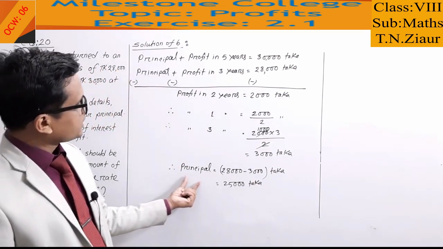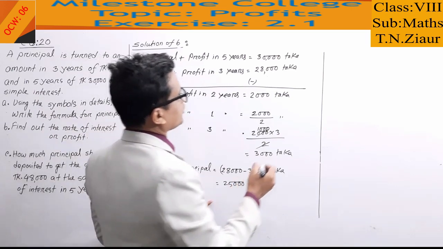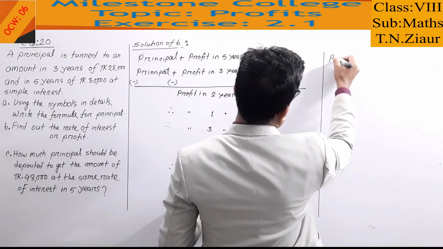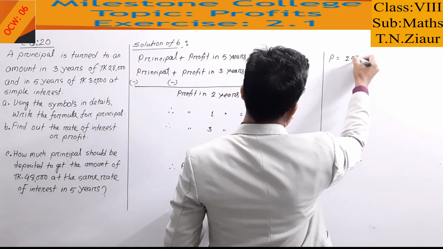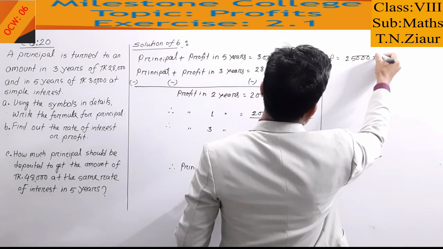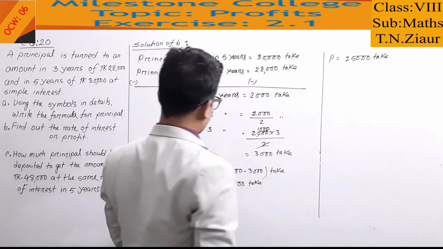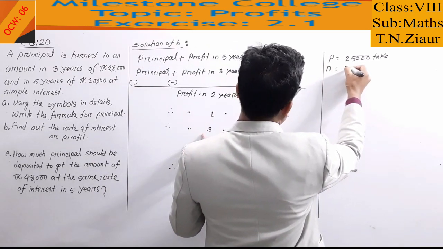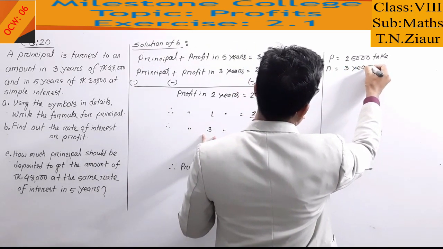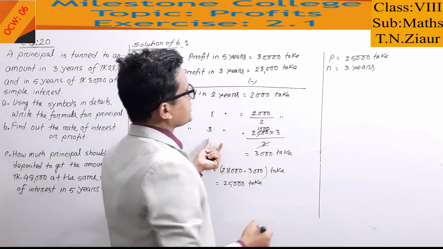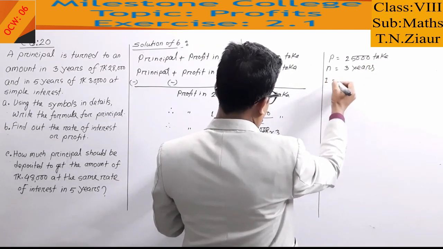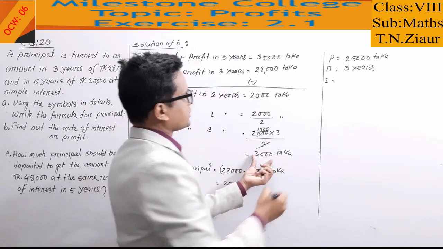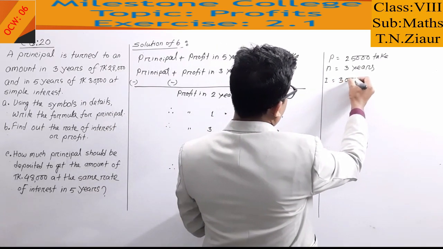Now principal means P. So now given P is equal to 25,000 taka, and N is equal to 3 years. I means profit, so I is equal to 3,000 taka.